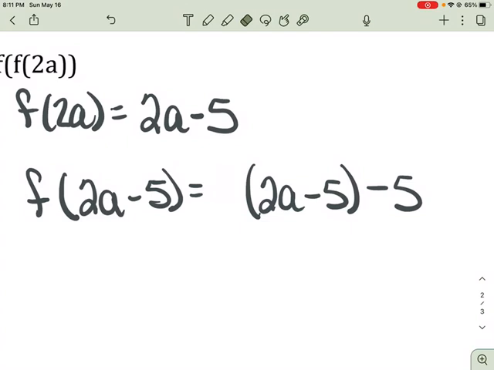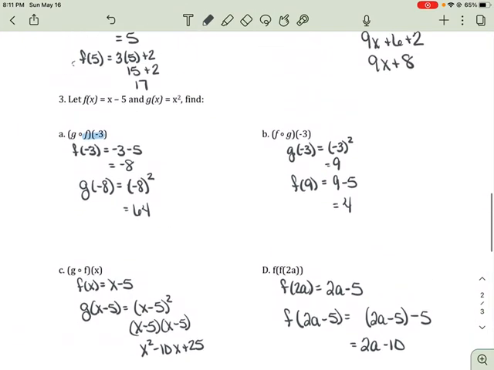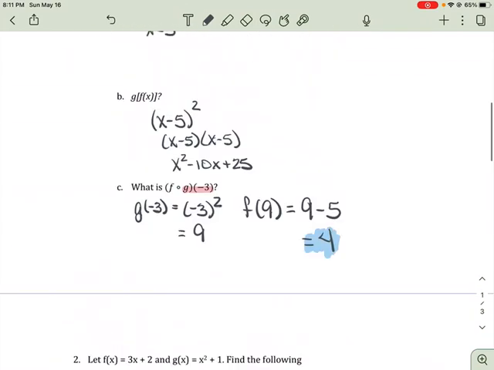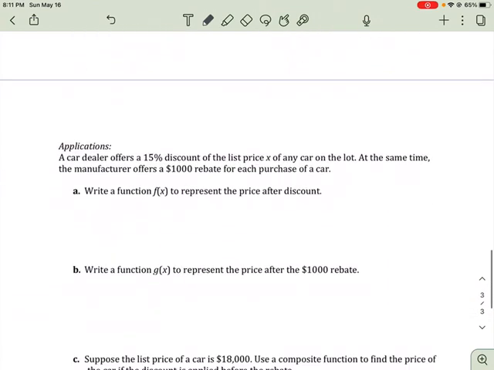So this is going to be 2a minus 10. Okay, so we noticed that we worked from the inside out in every single one of these. I kind of like that method a little bit better than the replacing of the x, but whichever one makes more sense to you.